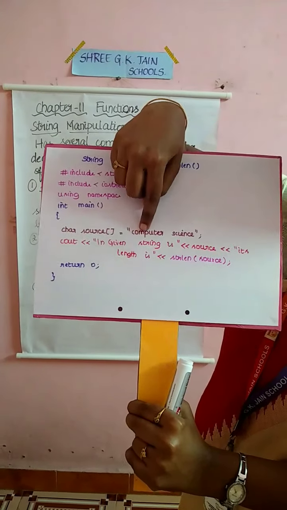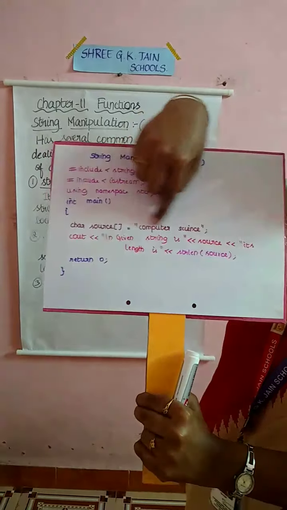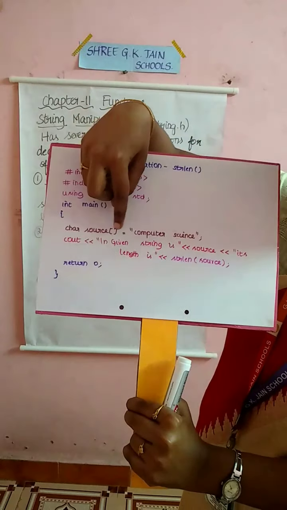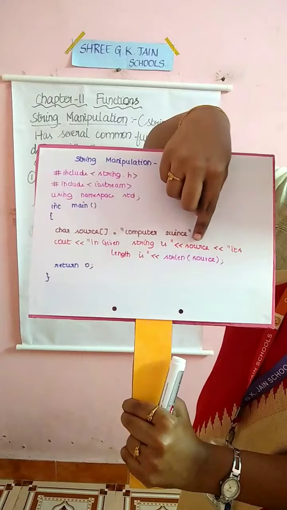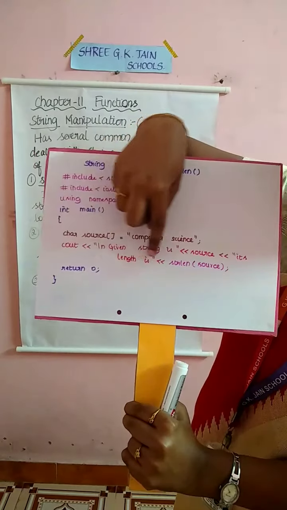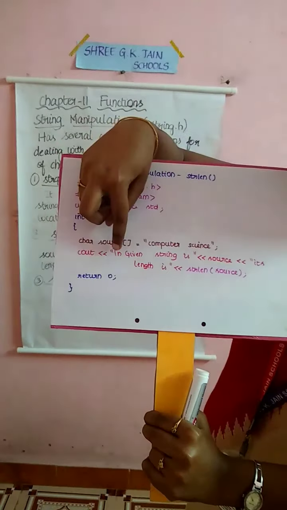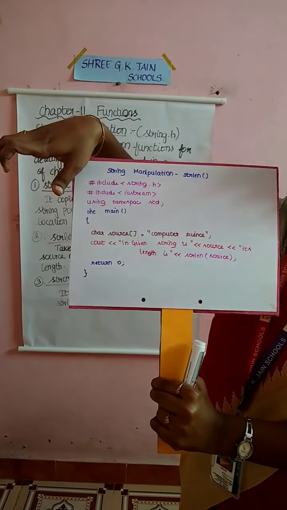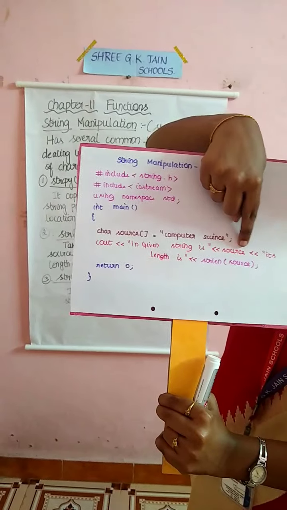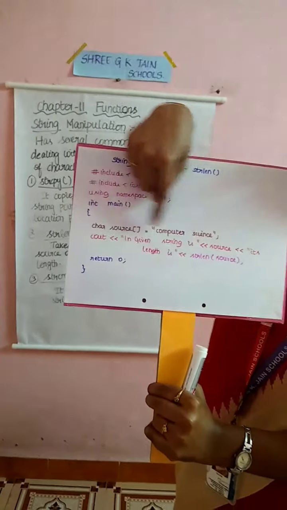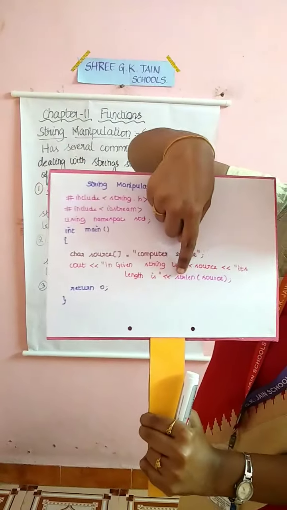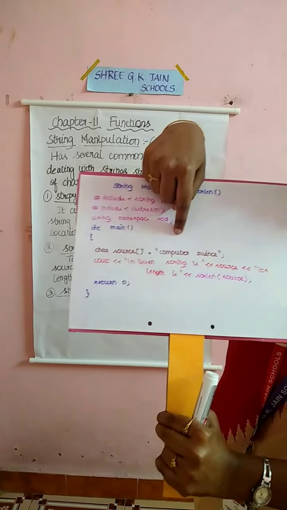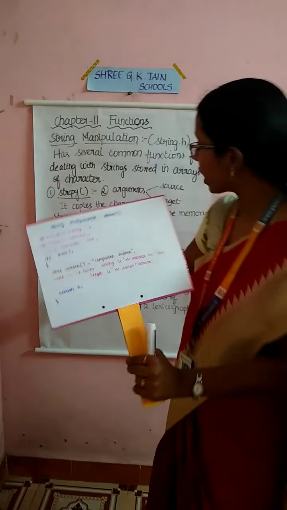So it is 8, 1 and 7, and totally the length of the source will be 16. So what is the output? Given string is computer science. Its length is 16. Whatever you give in between the double quotes will be printed as such in the output statement, the source refers to the value of your source variable, and strlen returns the length of your source, that is 16. This is an example for your string length.